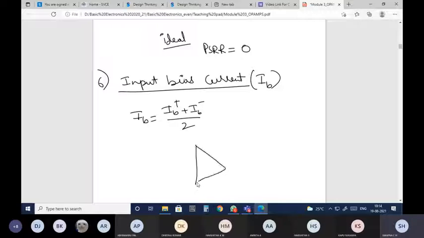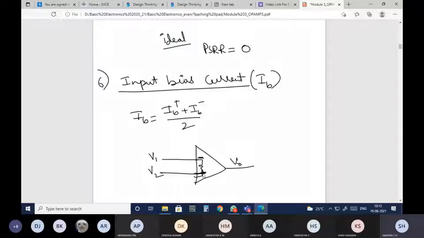I'll show you now. So you know that this is your op-amp. Okay, this is my V1, this is my V2. Here I'll take V0. This is the inverting terminal and this is the non-inverting terminal. If you just recall the ideal op-amp equivalent circuit, so you have it like this, right?